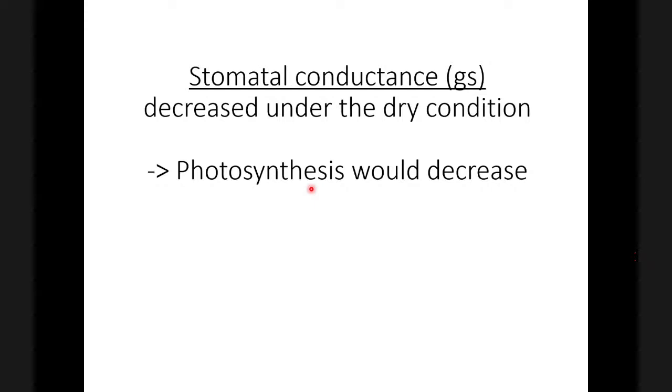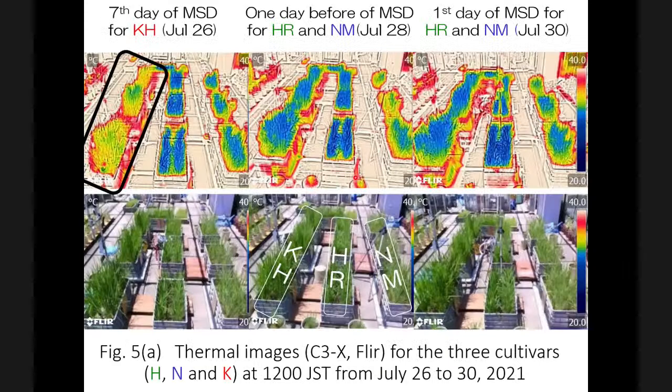So how can we predict the changes of stomata conductance? The best way would be measuring the canopy temperature with a thermal camera like this. Here I show the thermal image for the three cultivars. The center is Himenorin, the left-hand side is Koshihikari, and the right-hand side is Nikomaru.